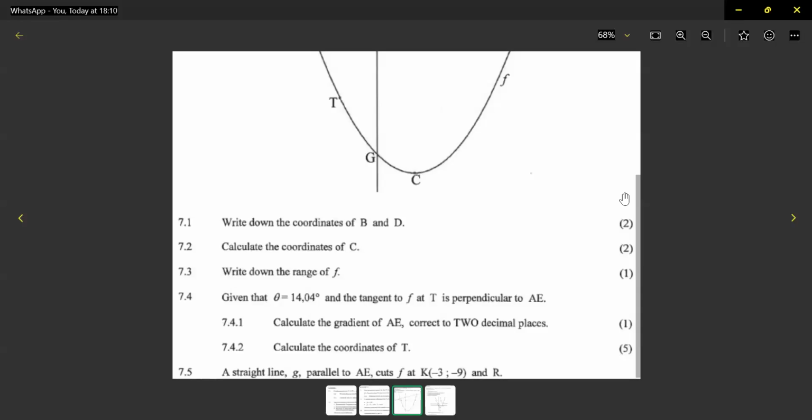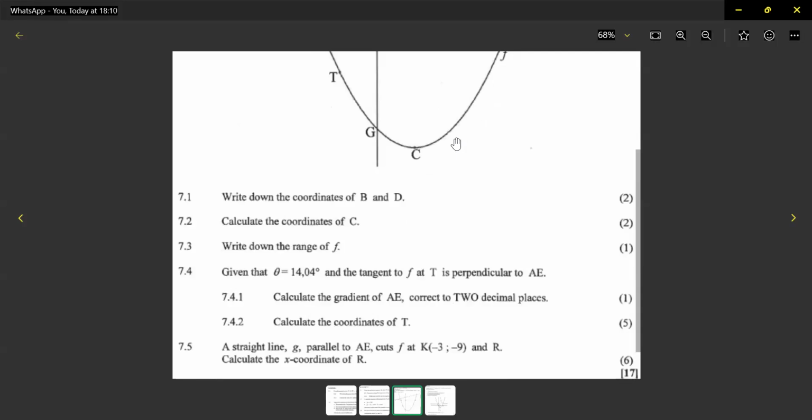Right, so let's proceed. So now we know the coordinates of the point T. Now the next question is also interesting and it takes 6 marks. They say to you, a straight line g, which is parallel to the line AE, cuts the parabolic function at the point K, but it doesn't cut it at point K only.